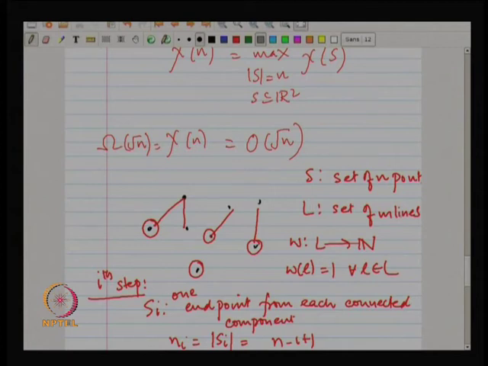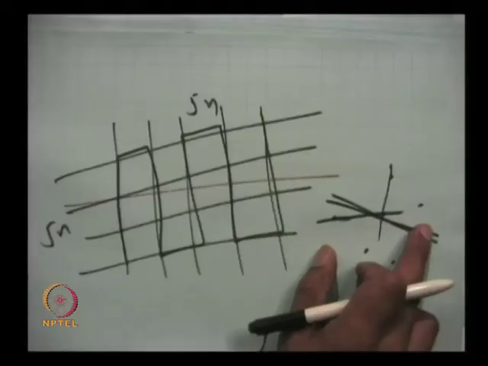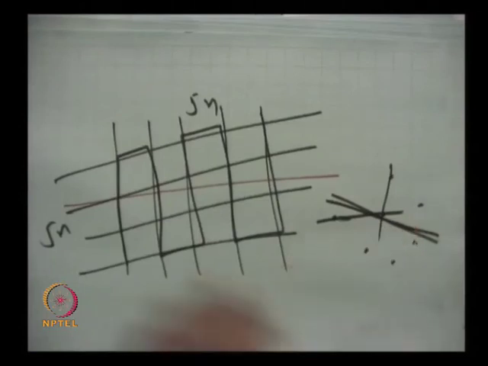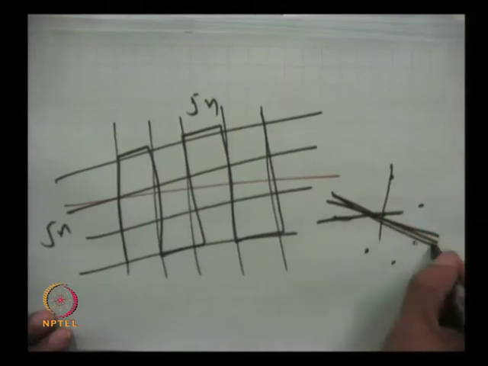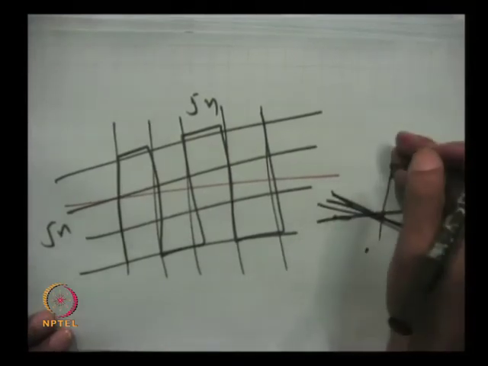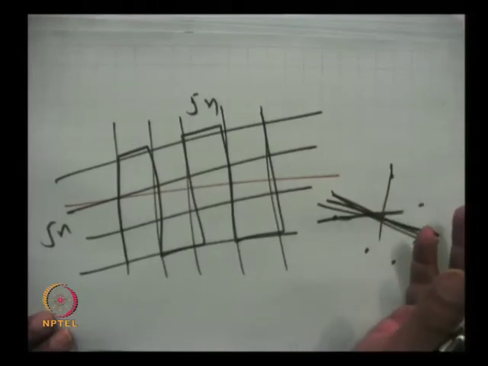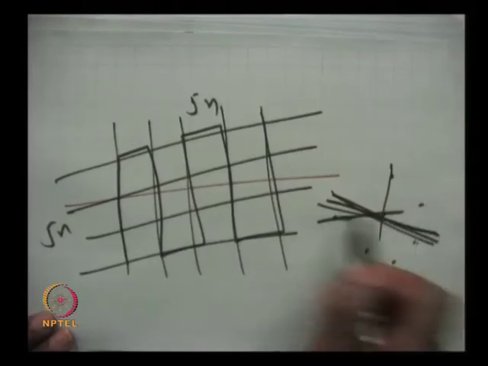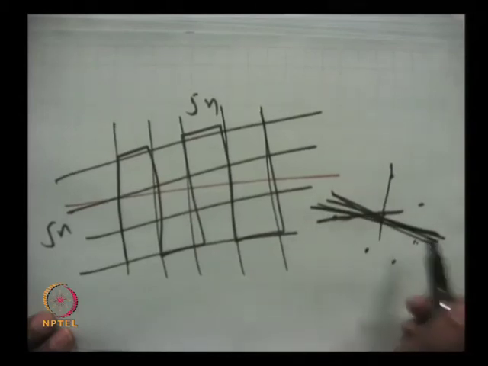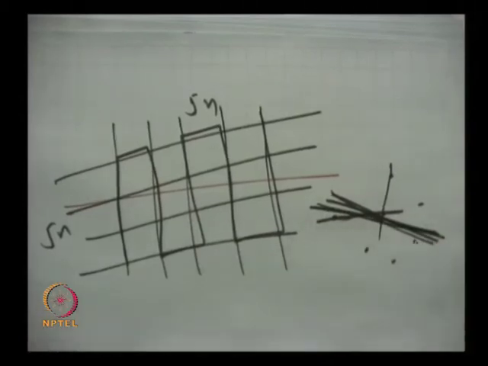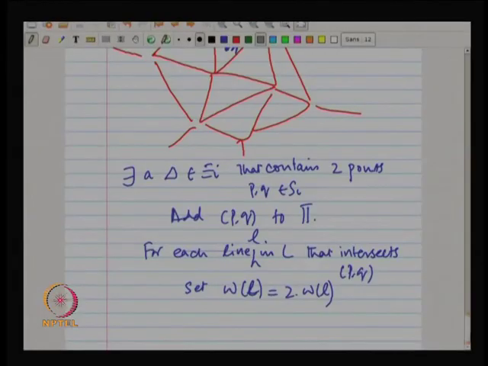I argued that it is enough to look at the lines that pass through pairs of points, because if you have two lines such that the same subset of points lie above and below them, then they will intersect the same set of edges of any spanning path. So for each such class you just choose one line, and there will be n choose two such lines. Those are the lines, and initially I set the weight of each line to be 1, and then I double it. Okay.